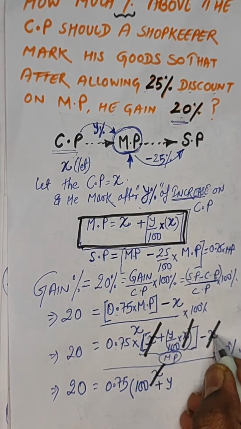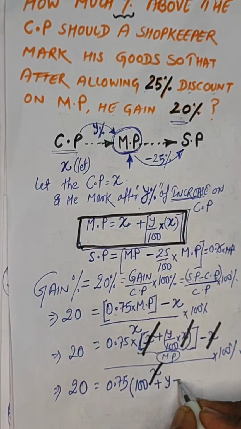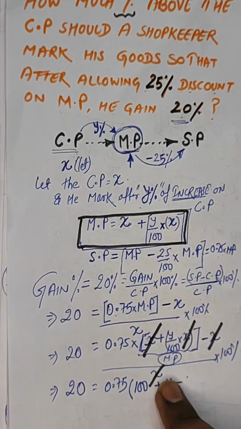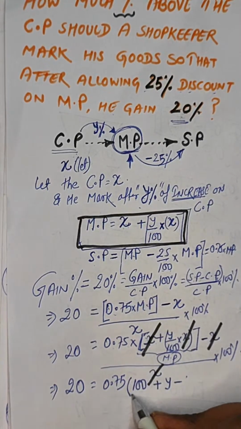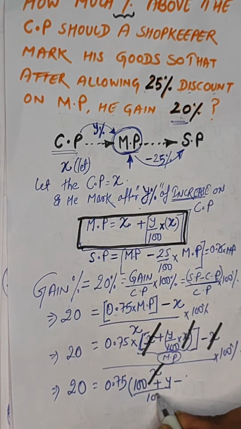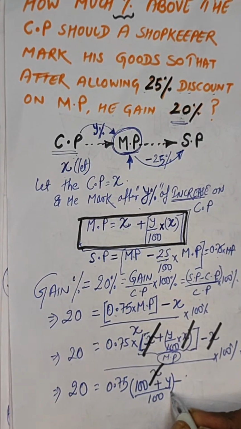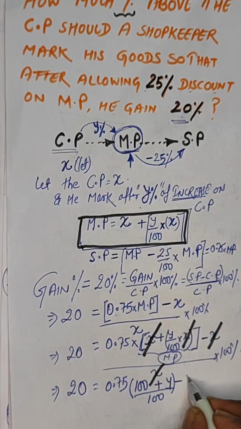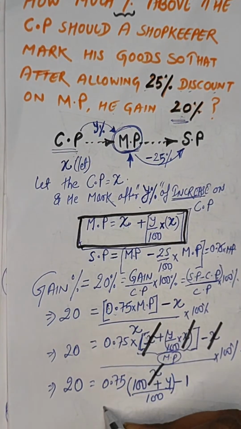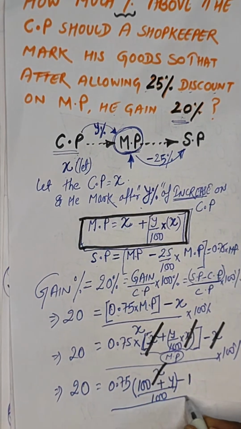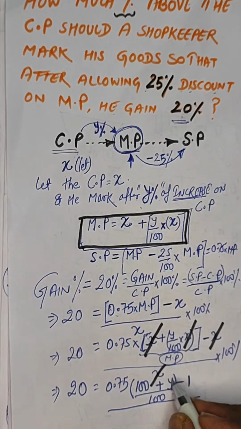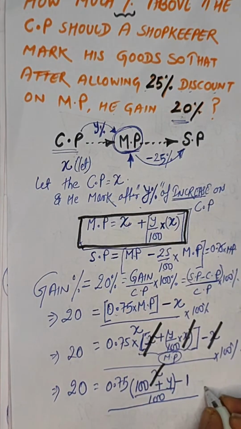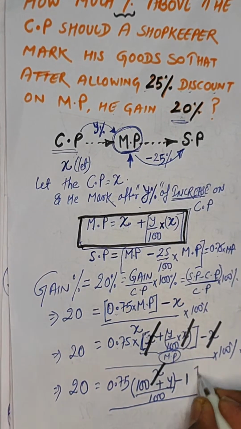This 100 will be going over here after taking the LCM. This will be divided by 100, minus 1, whole divided by your cost price, which was only 1. So it is cancelled.